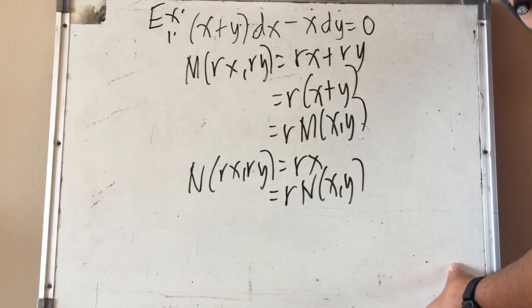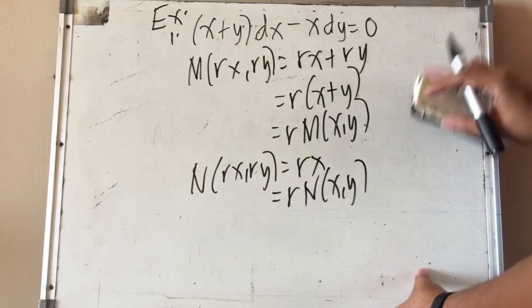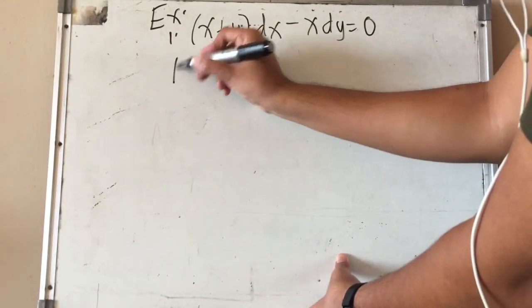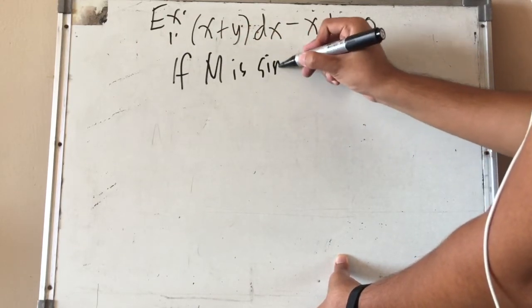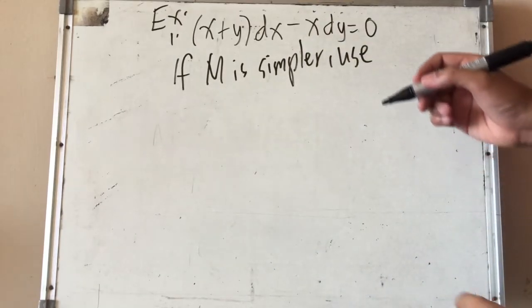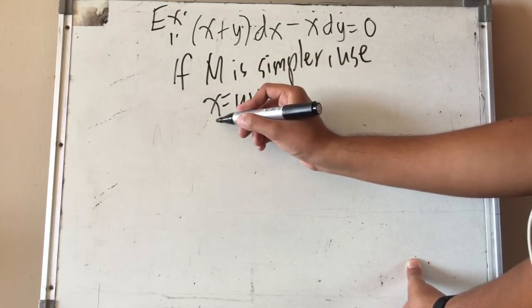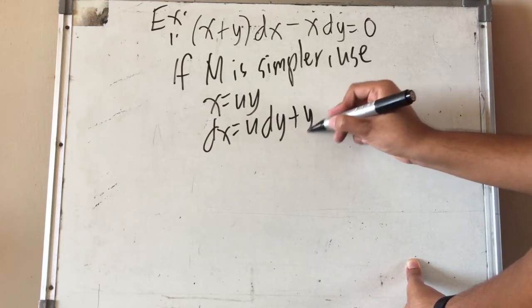So in a homogeneous differential equation, we have two cases. The first case, if N is simpler, use x equals uy, dx equals u dy plus y du.